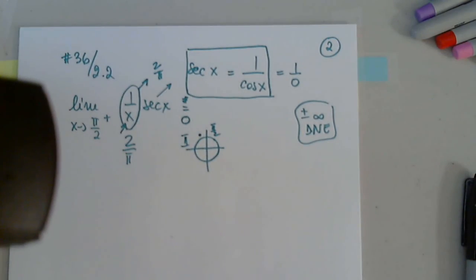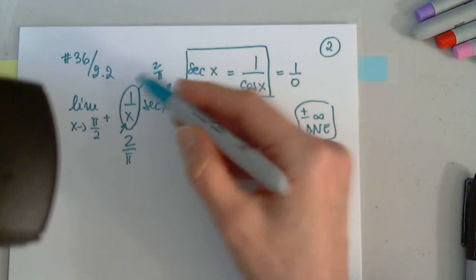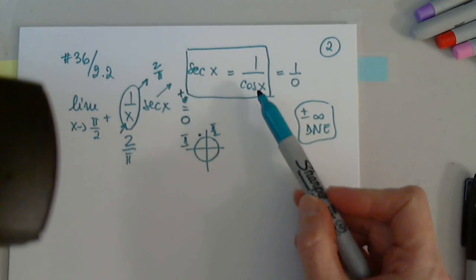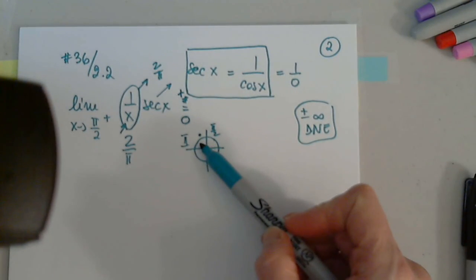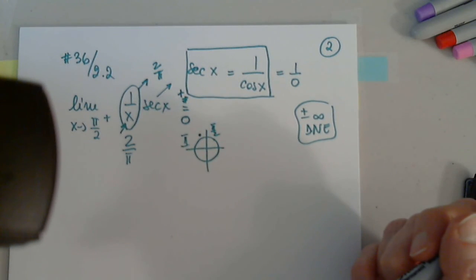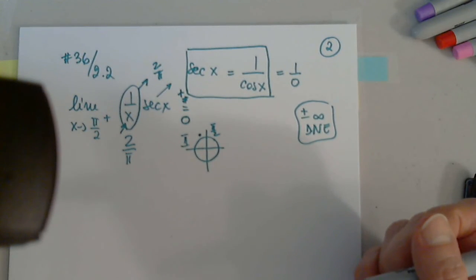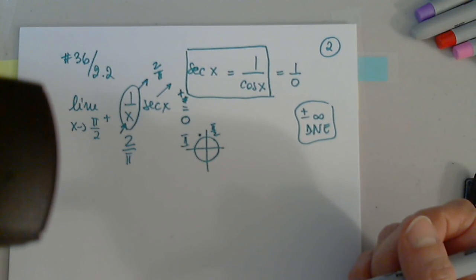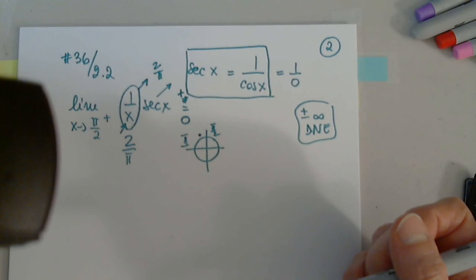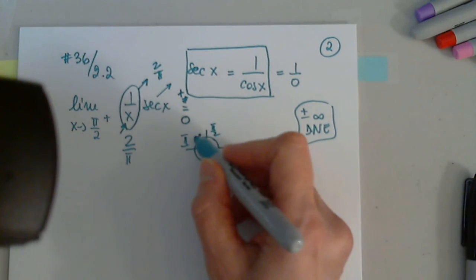Now we have to remember the top is a positive number. We have to remember the sign of cosine in the second quadrant. Okay, so Jordan, would you tell us the sign of cosine in the second quadrant? Negative. Very good, awesome. It is negative.